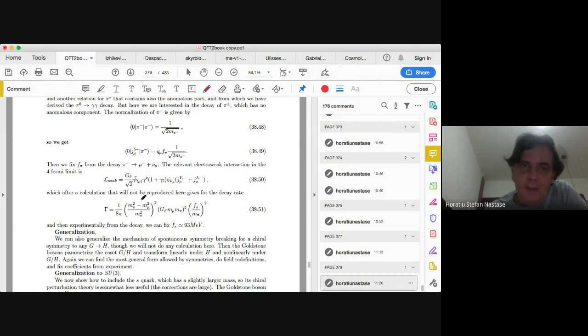Then after a calculation that I'll not reproduce, one finds the decay rate gamma is 1 over 8 pi times m pi squared minus m mu squared over m pi squared, squared, times G_F m mu m pi squared times this f pi of m pi squared. So the decay rate is proportional to f pi squared.